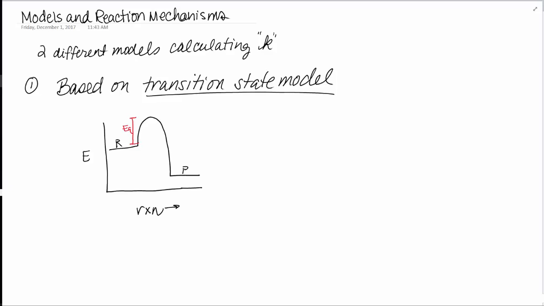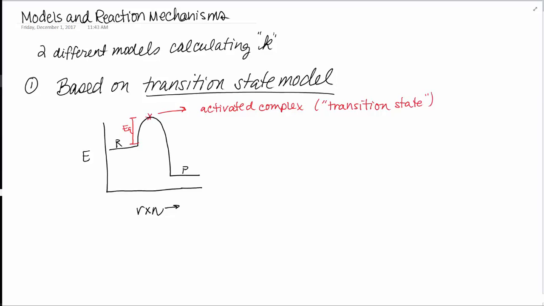But when they do the calculations for this, they are based on something up here at the top of that little curve known as the activated complex. And this activated complex is essentially a transition state that we're looking at.